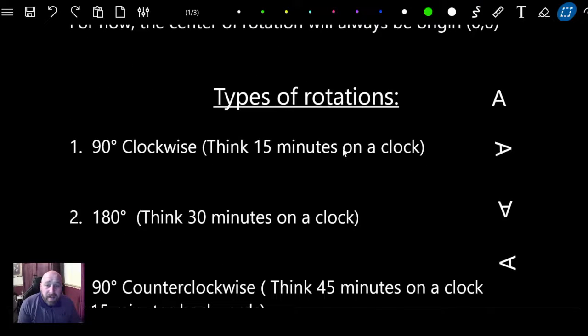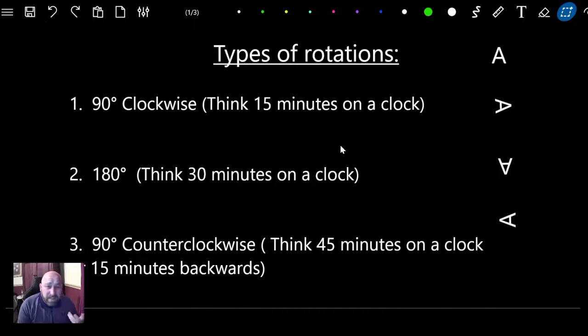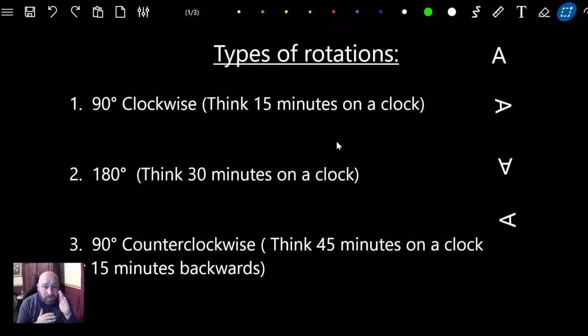So there's different types of rotations. Really, there's 3 different types of rotations that we can make. And there's more rotations. I mean, you could do a 1-degree rotation, so it's just moving a little bit. But there's 3 types of rotations that we're going to be using here in coordinate geometry. The types of rotations are, number 1, the 90-degree clockwise rotation.